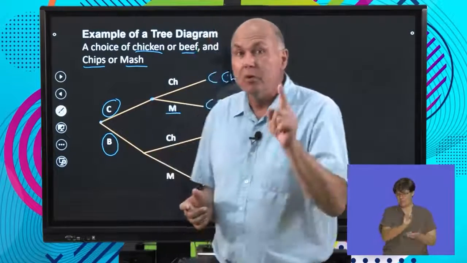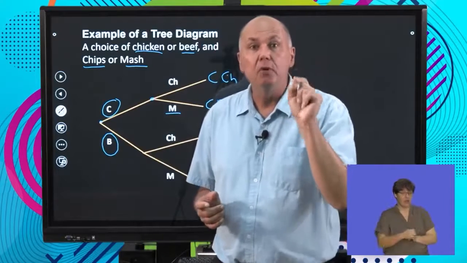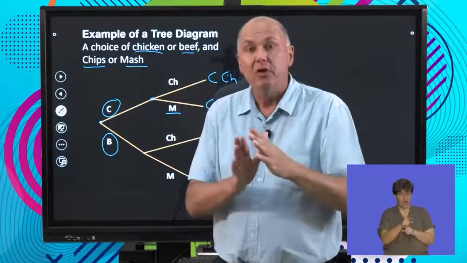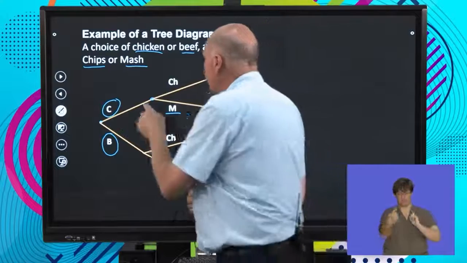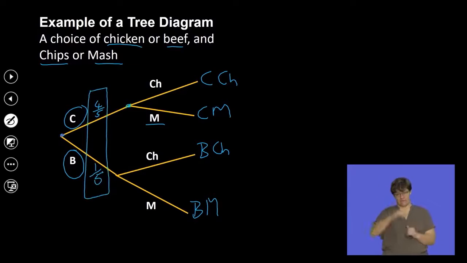But what's important to look at is these 2 choices are mutually exclusive. And so when we put the probability over here, let's say that 4 out of 5 people are going to choose chicken, that means that 1 out of 5 chooses beef. Those 2 numbers add up to 1.